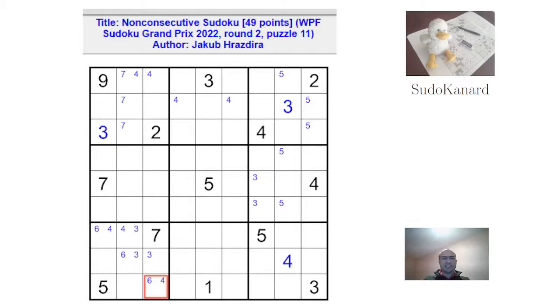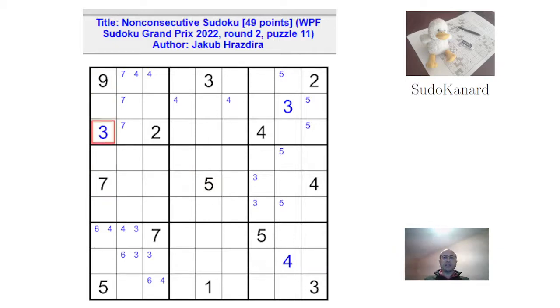But that's not saying much right now. This 5 prevents both 4 and 6 from being next to it. That's not very powerful.